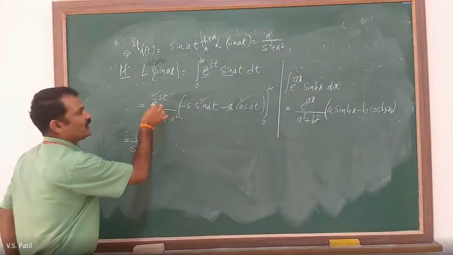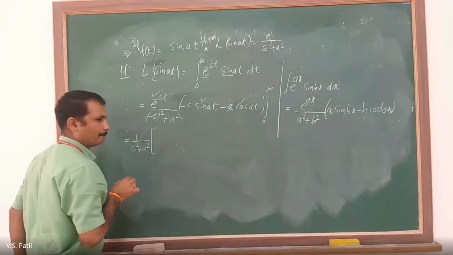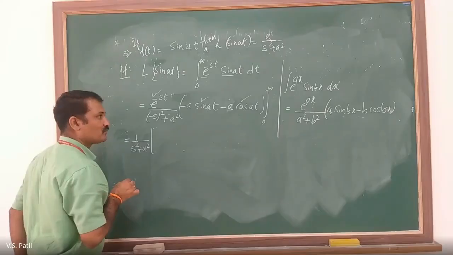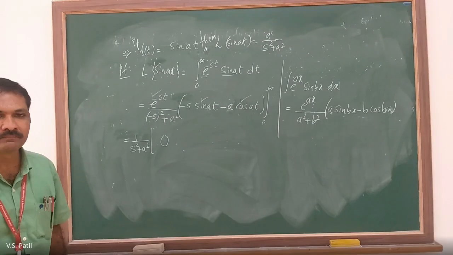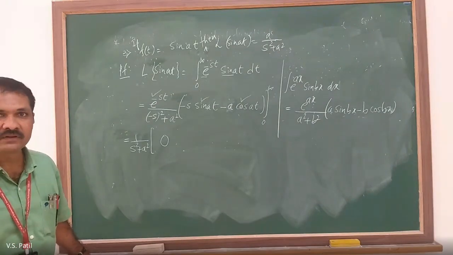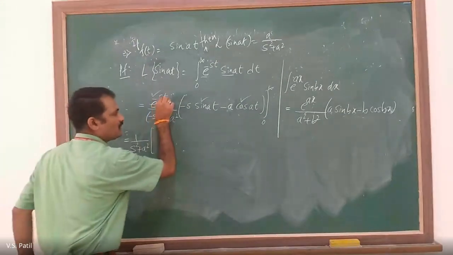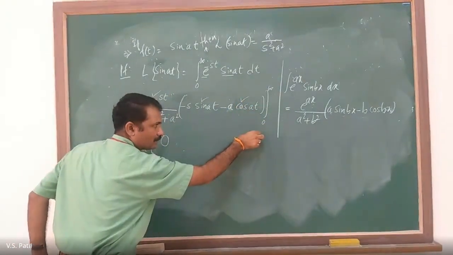Now, if I put e raised to infinity here, what happens? 0. 0 into this quantity, 0. Upper limit is what? If I put infinity here, this is upper limit minus lower limit you have to do, isn't it?